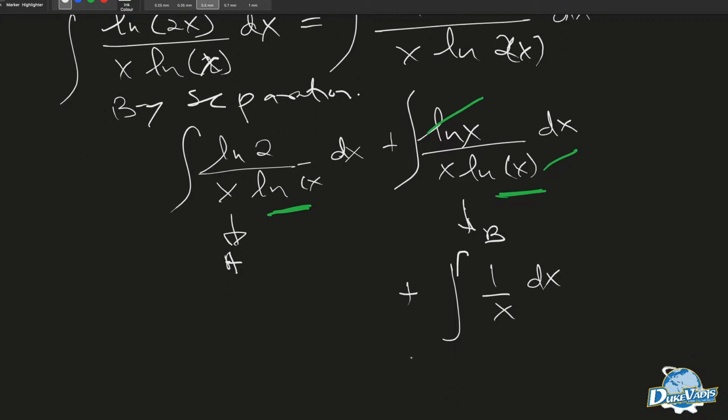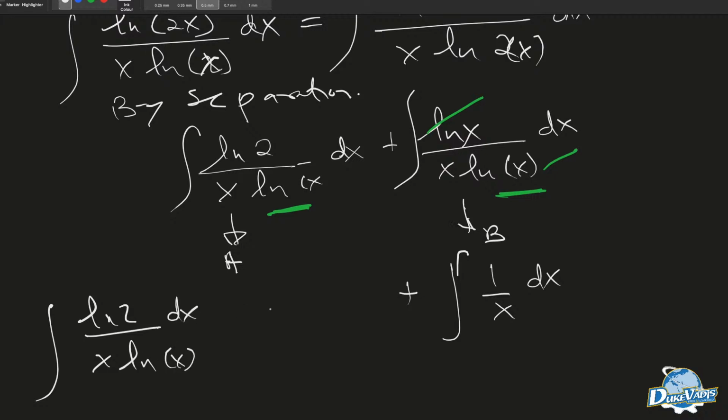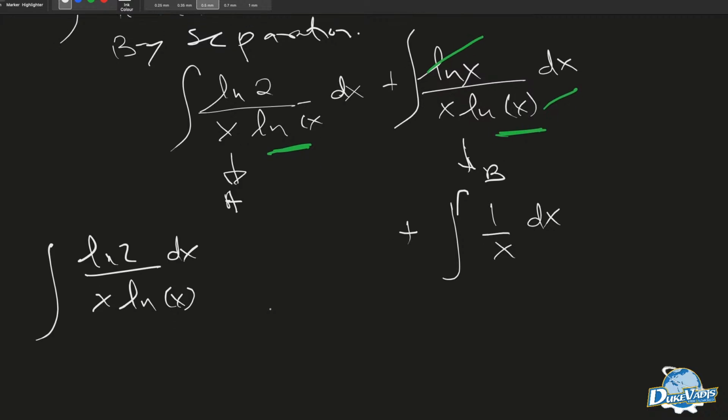The A is such that we have to break it down further. If this is our A, which is natural log of 2 all over x natural log of x dx, since we can integrate the B so easily, for this one let's do u substitution.